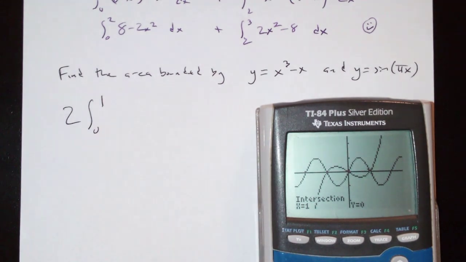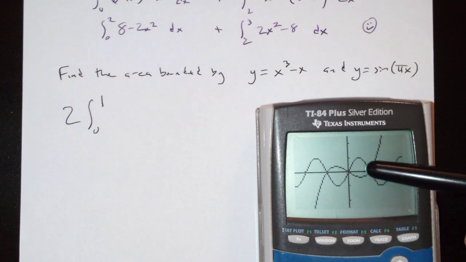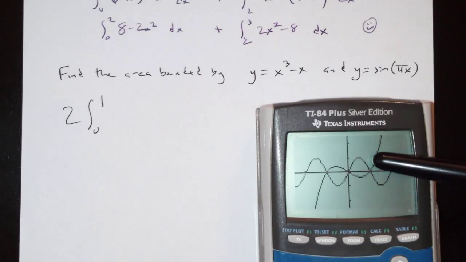Now I just need to know which one's the top, which one's the bottom. On this piece here, which one's the top? Exactly, that's my sine curve. This is where if you have the newer version of the calculator, it shows you things in color, it'd be easier to tell.